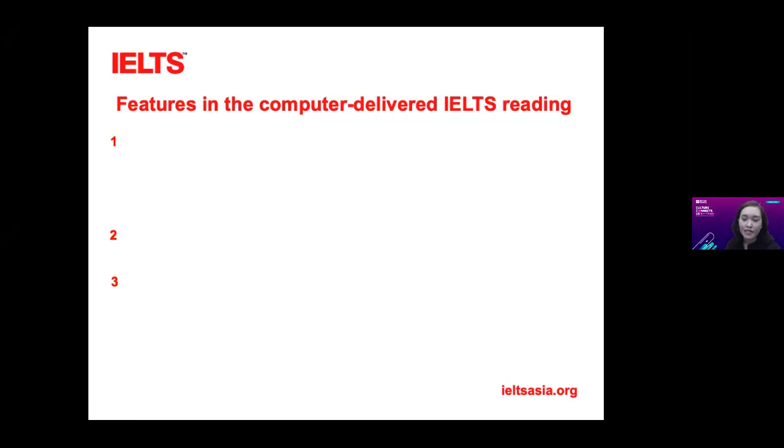Although probably the answer is correct, they're still wrong because you're supposed to write true, T-R-U-E, instead of just a T. So by taking the Computer-Delivered IELTS, you just have to click. And there's a paragraph heading question where you just click and drag and move the answer.